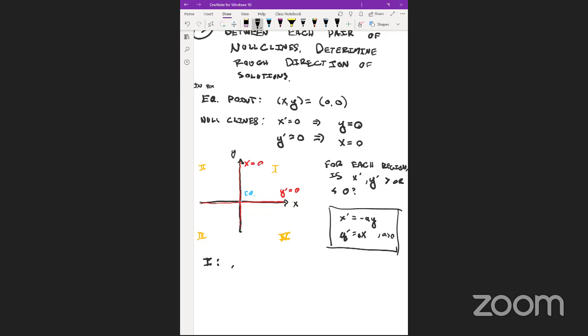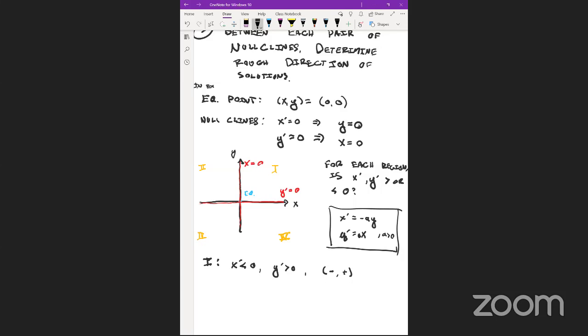So we're going to have x prime is less than 0. Y prime, on the other hand, well, x is also going to be positive in region 1. And so we're going to get that y prime is greater than 0. If you want, you could represent this as minus plus, just for simplicity.